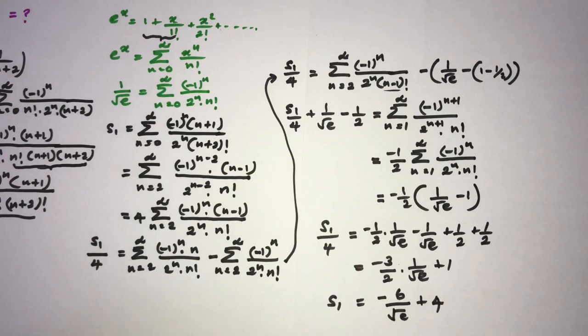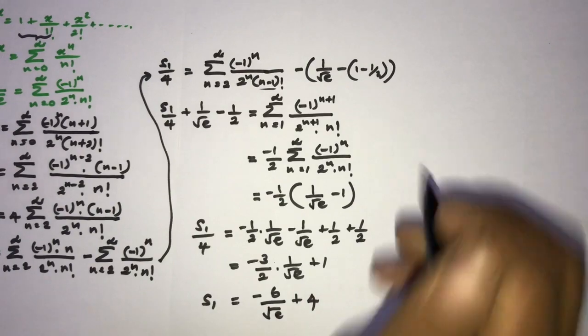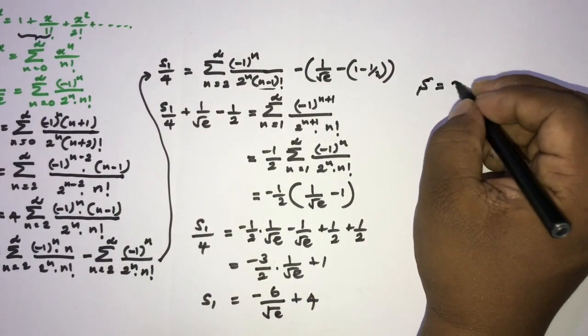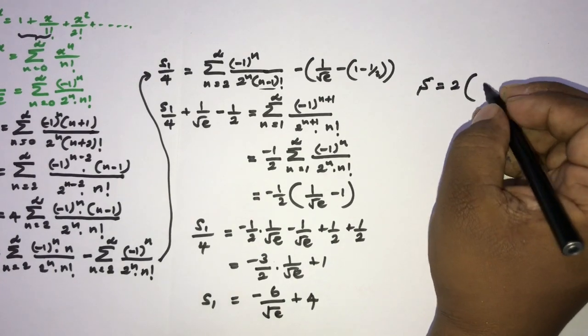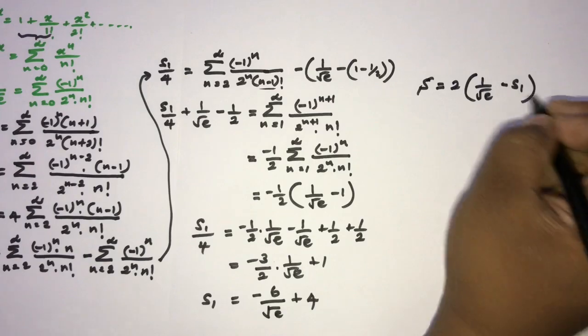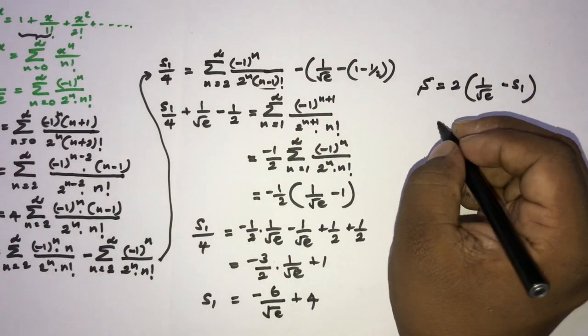Okay, then we know S is equal to, in a previous equation, 1 over square root of e minus S1. Okay, now we can plug in here.